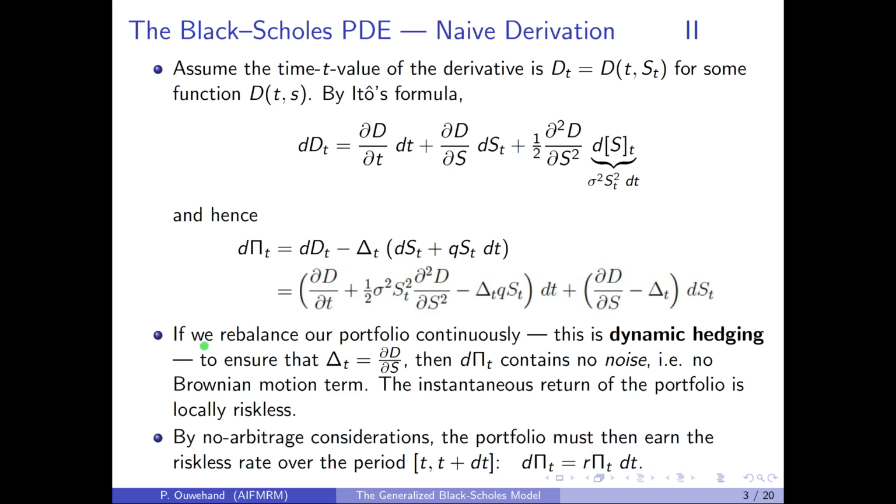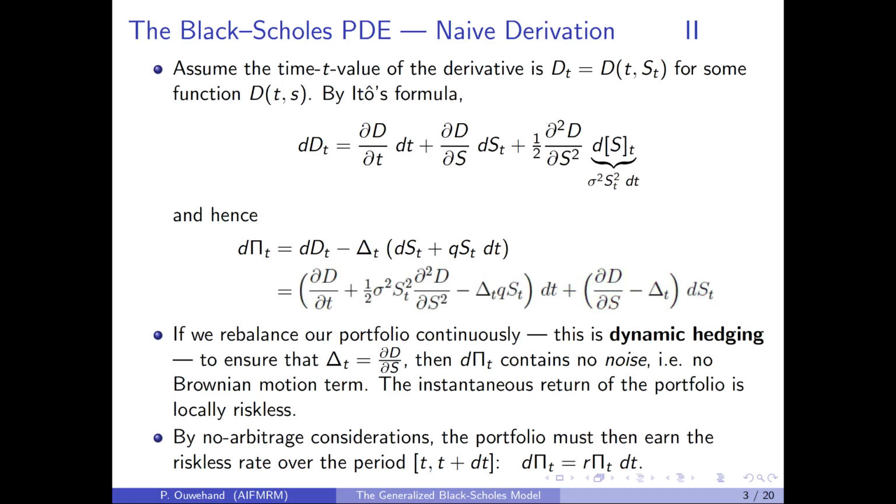Suppose now that we rebalance our portfolio continuously, in other words, that we dynamically hedge our portfolio to ensure that the number of shares that we are short at time t, delta_t, is always equal to partial D by partial S at that time. Note that partial D by partial S depends also on t and on S_t. In that case, this term here disappears.